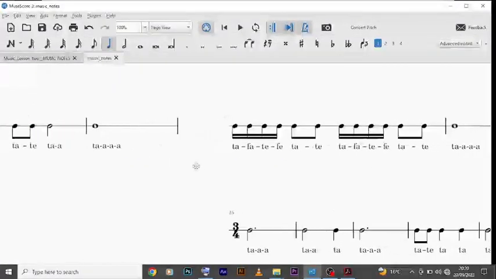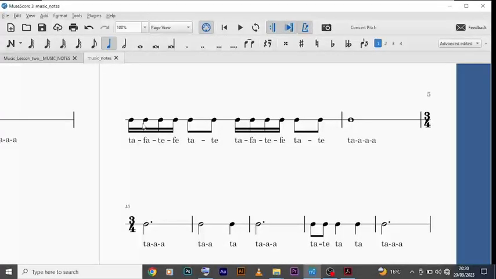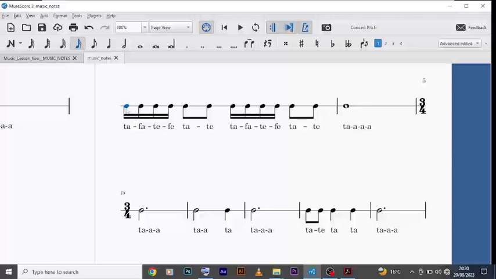It is good. Can try another one. We try this. We go tafa tefe ta te, tafa tefe ta te, ta. We try again. Tafa tefe ta te, tafa tefe ta te, ta.